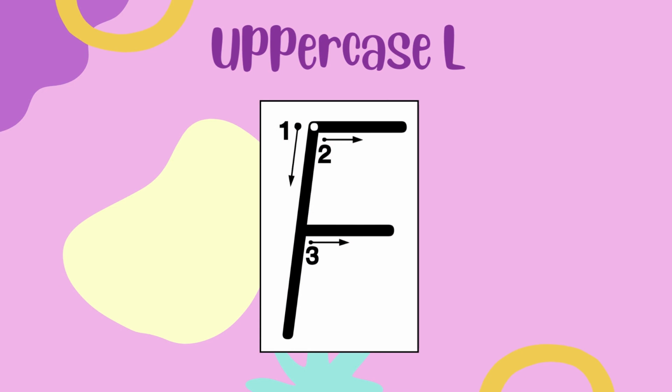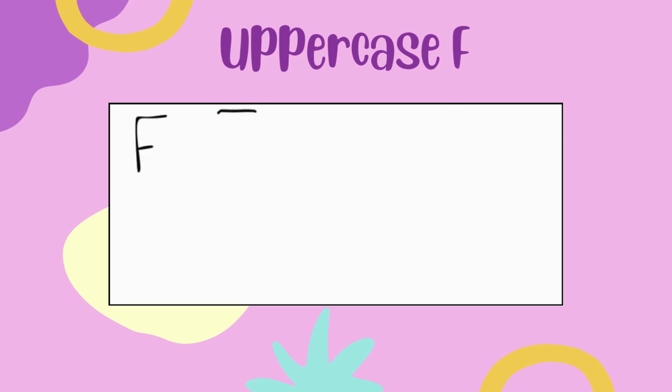Uppercase F is one vertical line connected to two horizontal lines, one at the top and one in the middle. We make uppercase F like this. Start at the top, straight line down, hop back to the top, straight line across, hop to the middle, straight line across.